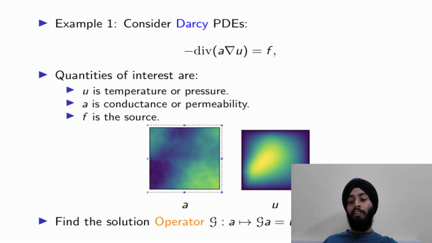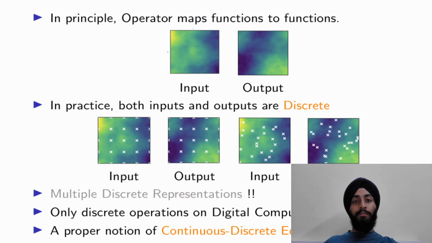partial differential equations. So, as I previously covered, in principle, an operator will map a function to another function. So this is my input function and this is my output function. Now, let's say this is the domain where this is the x-axis and this is the y-axis, and we are given the values like a heat map in this instance over this entire domain.